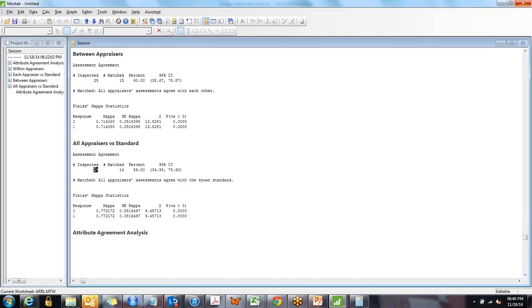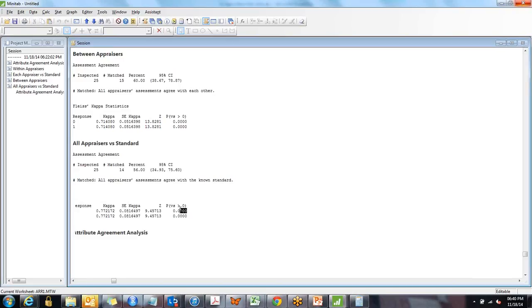I look into all the appraisers' values that they have measured. I check how many match with the trainer, versus the standard. Only 14 of them match with the trainer values. So the percentage is 56%. Pathetic. Even look at the kappa value. The kappa value says it is barely acceptable.